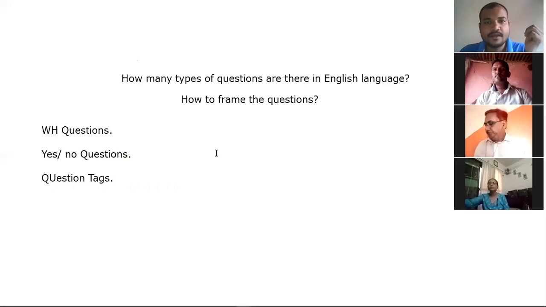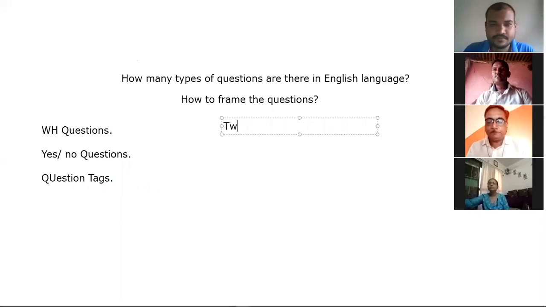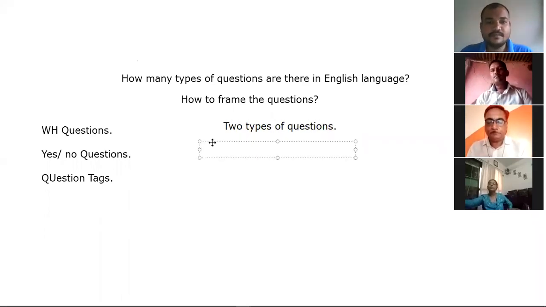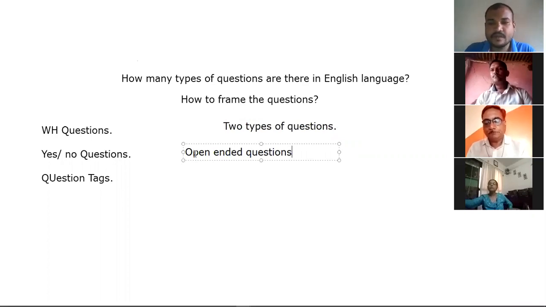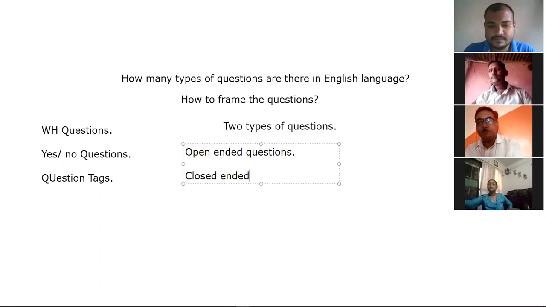But if you talk in general, there are only two types of questions. So what are the two types? The first one is open-ended questions, and the second one is closed-ended questions.